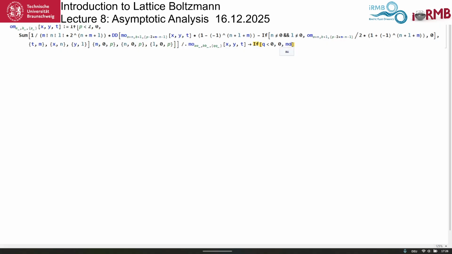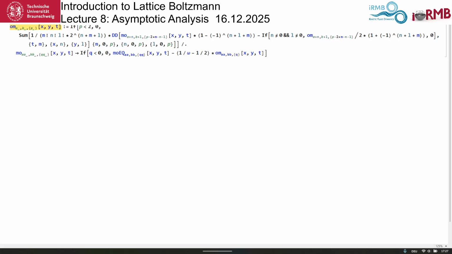Otherwise, it will be the moment equilibrium AA, BB, and order QQ of X, Y, and T minus 1 over omega minus 1/2, and this into omega, AA, BB, and Q of X, Y, and T. Okay?